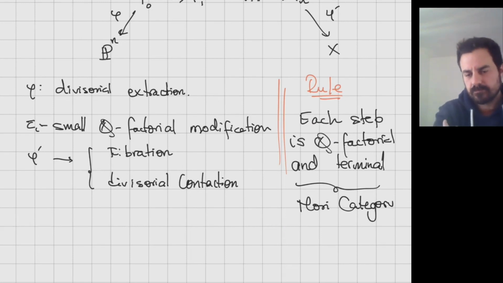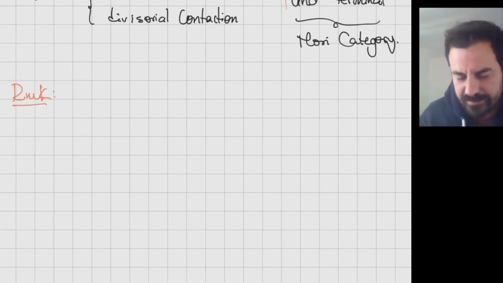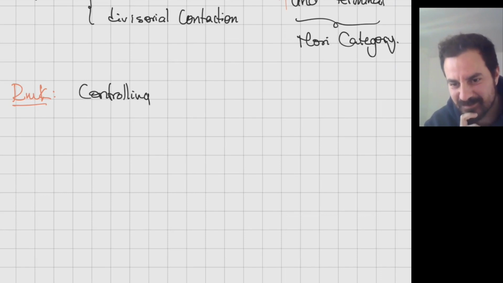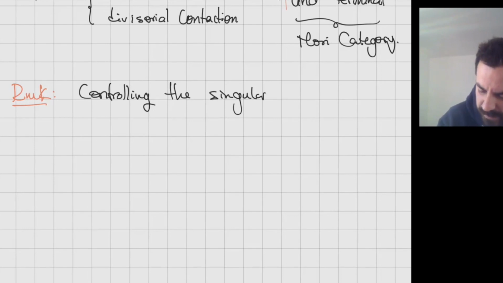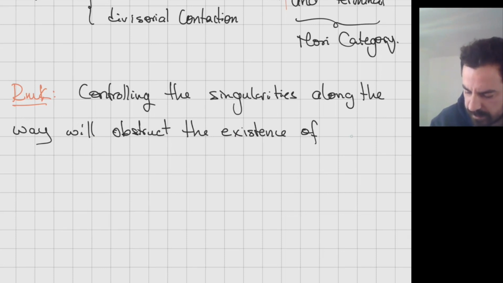Okay. So I think the most important remark I have to say today is that controlling the singularities along the way can obstruct the existence of the Sarkisov link.